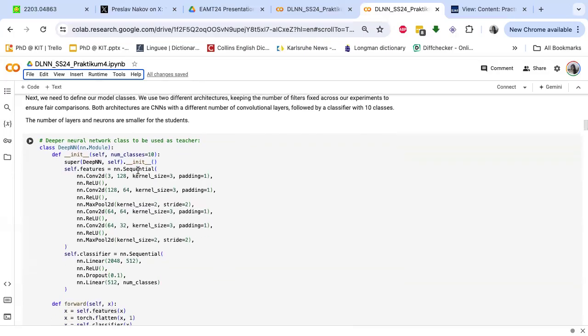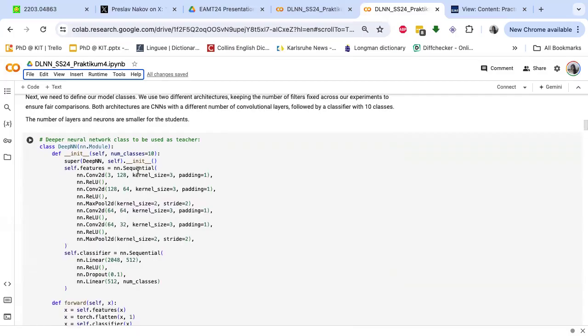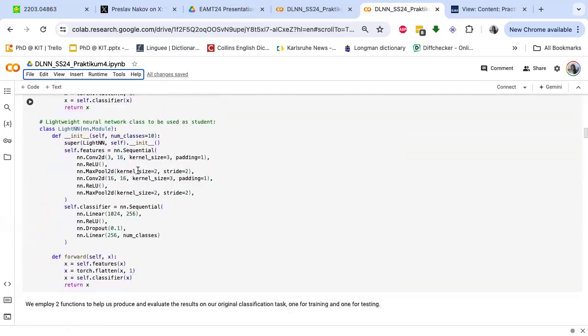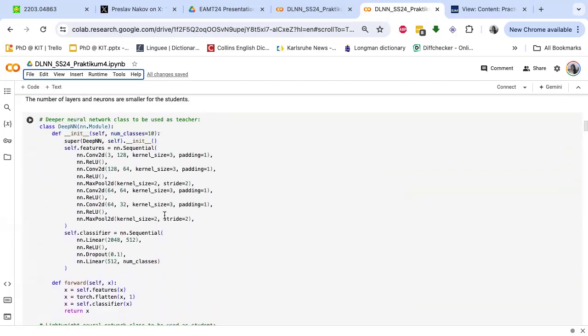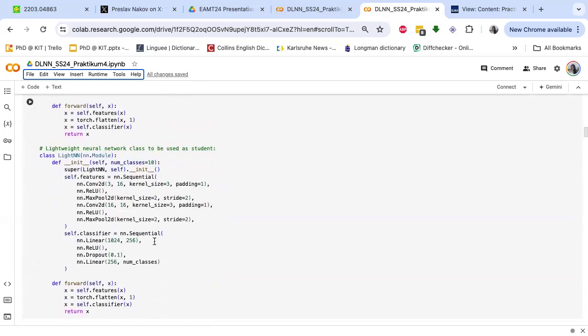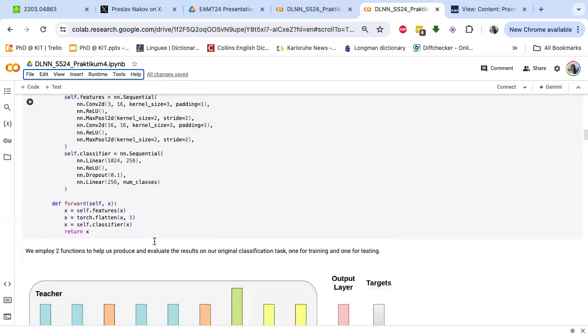But for the teacher architecture, we will give a higher number of layers and a higher number of neurons. So this is the code. Even though it's provided to you, I would suggest taking a quick look at it to see how the model is structured.